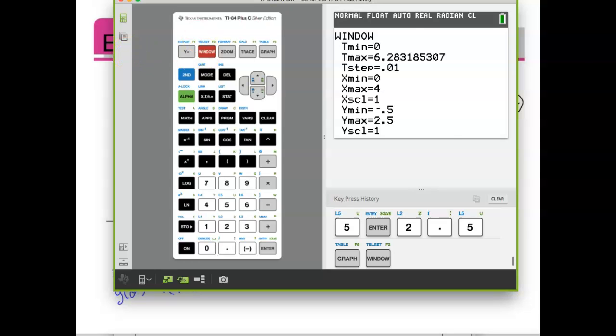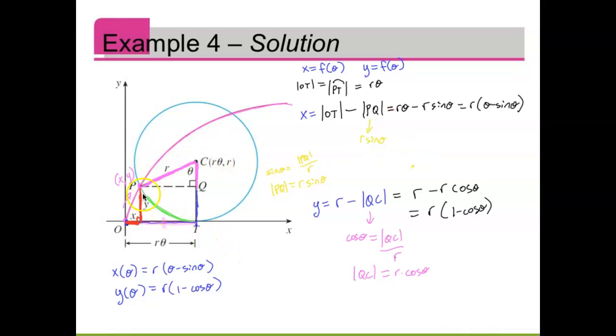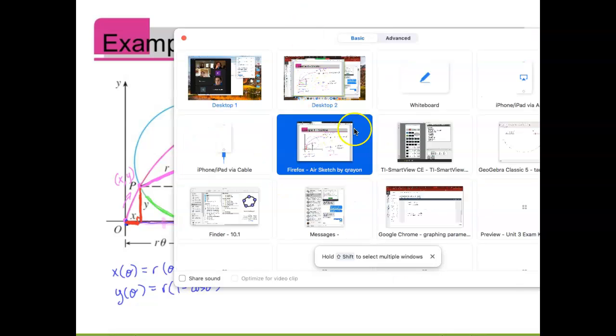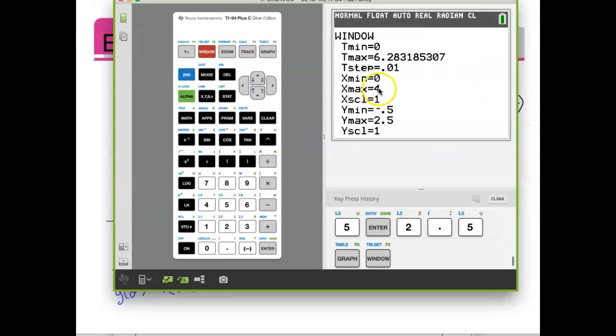So let me think about this. Hold on. If we're tracing out a full rotation of the circle, it starts at the origin, it's going to go up to the top at pi. I underestimated what my x window should be. Here, let's just do this the easy way. Let's just go out to 10.